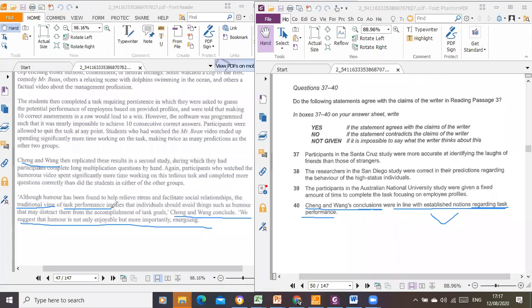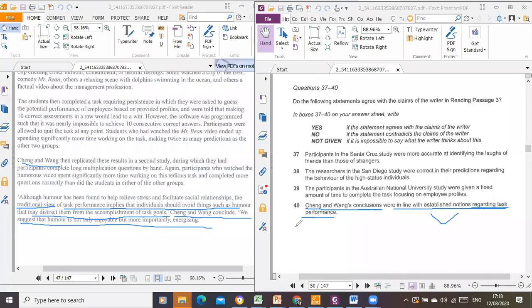Okay, so traditionally, people say you should avoid things such as humor because it may end up distracting you from accomplishing the task. Okay, but what they found out is that it is in a way contrary, all right? Because we suggest that humor is not only enjoyable but more importantly energizing, helping people in this case to complete the set task.